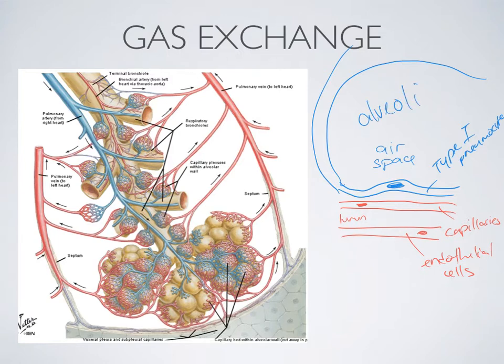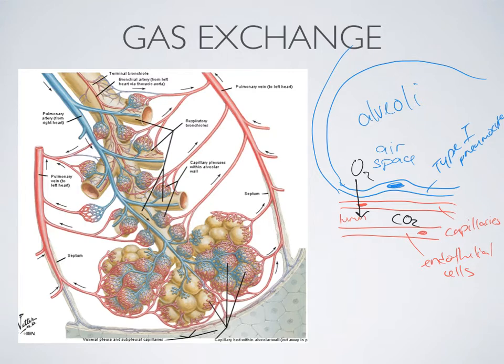So what happens is that you have air in here. When you breathe in, you bring in air that contains about 20% oxygen. Because the partial pressure of oxygen is higher in the air spaces than it is in the blood, that oxygen is just going to diffuse right across the pneumocyte, across the endothelial cell into the blood. Now, this blood has low oxygen and high CO2.